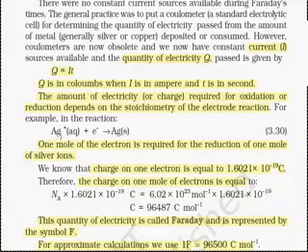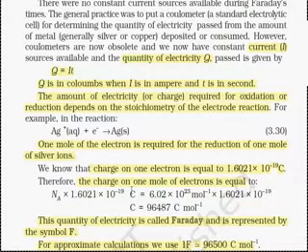For example, Ag+ plus electron gives you Ag. Now here 1 mole of electrons is required for the reduction of 1 mole of silver ions. So here we know the charge on one electron is equal to 1.6021 into 10 raised to minus 19 coulomb.